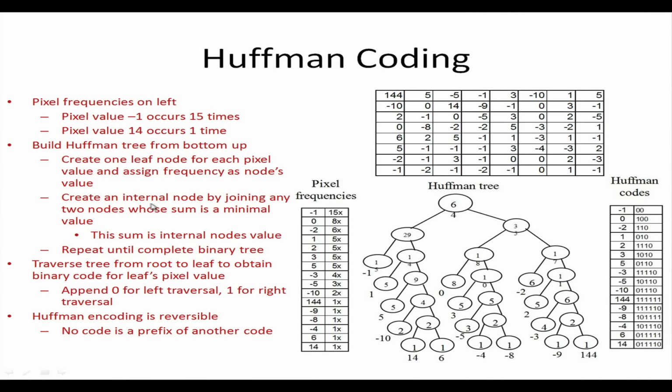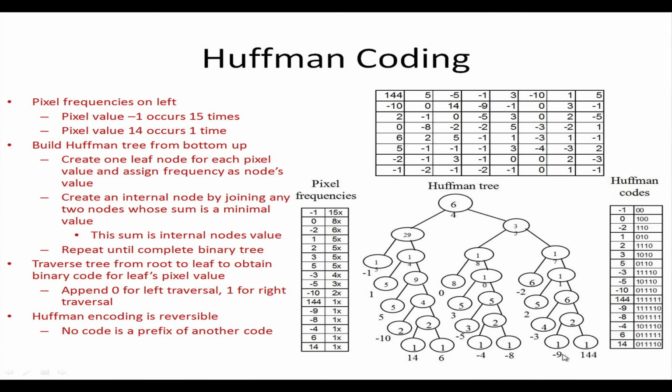Now, we create internal nodes by joining any two nodes whose sum is a minimal value. I can join these two. I could have joined 1 and 1. I am actually joining -9 and 14. I could have joined -9 and -3, but that would have led to 5.